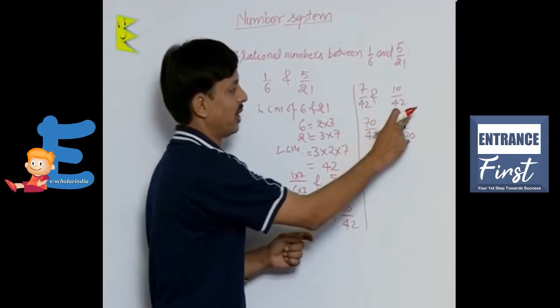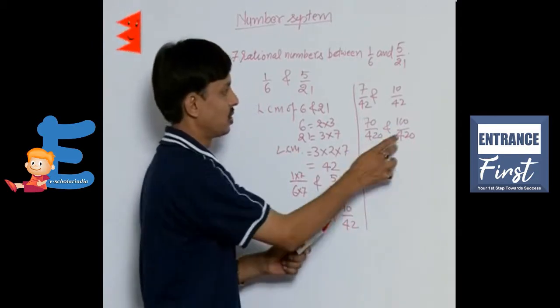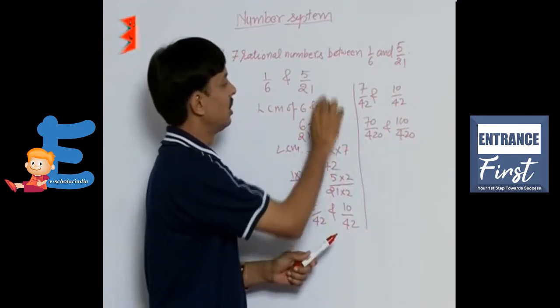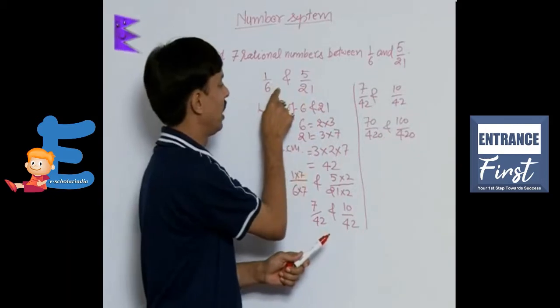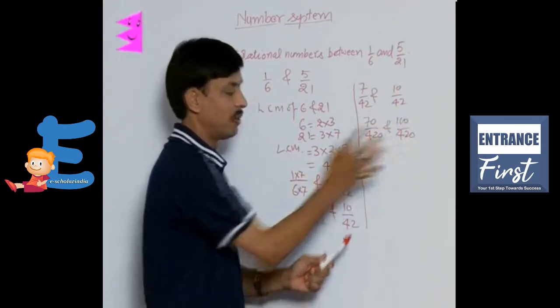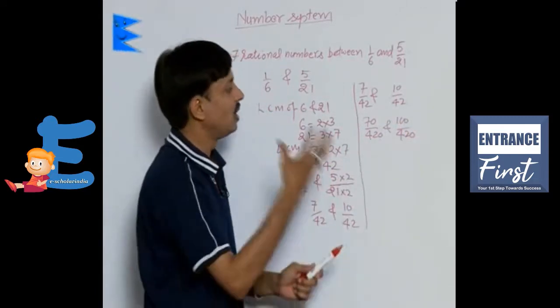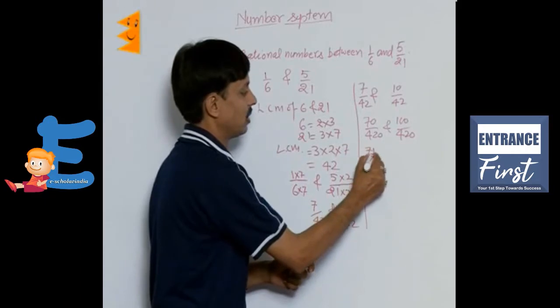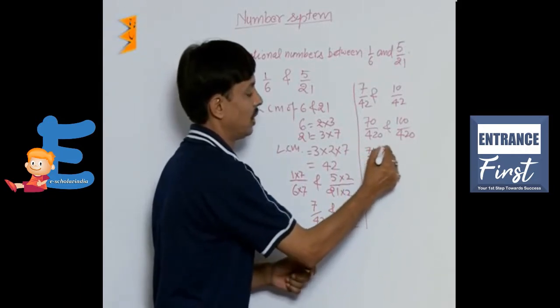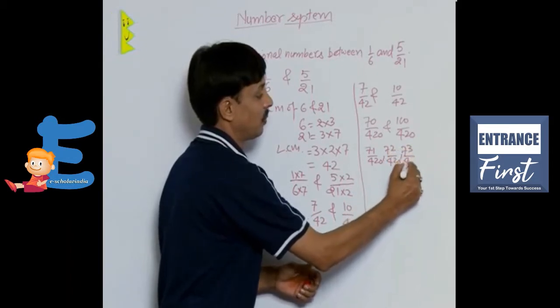These are still the same as 1 by 6 and 5 by 21. Between 70 by 420 and 100 by 420, it is easy to write many rational numbers like 71 upon 420, 72 upon 420, 73 upon 420, and so on.